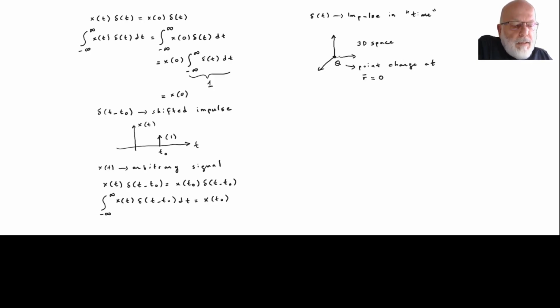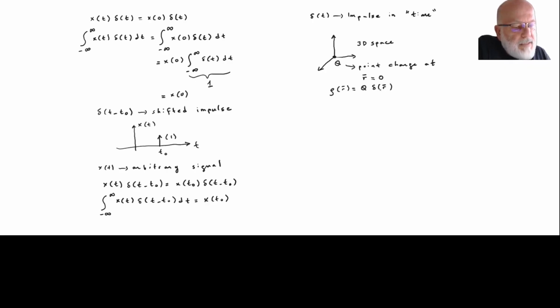Therefore, the charge is compressed to zero volume, meaning that the charge density rho of R is equal to Q times delta of R. Okay?